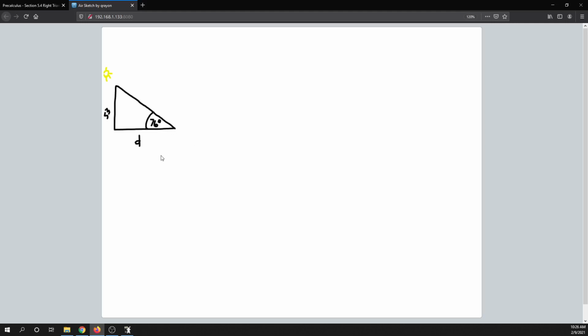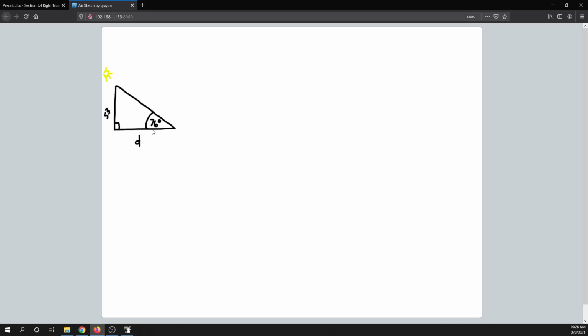And so now what we're going to do is look for a trigonometric ratio that relates 53 and D to angle 76. So assuming that the pole is straight up and down, that's a right angle, so the hypotenuse would be over here, and these would be the two legs of the triangle.